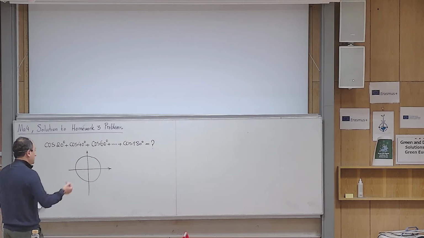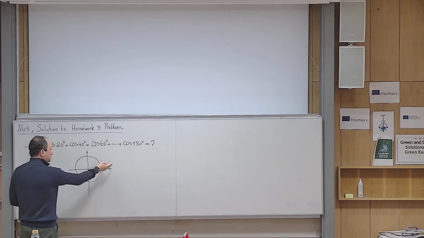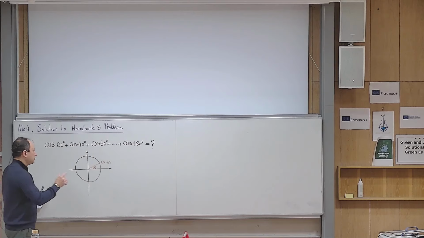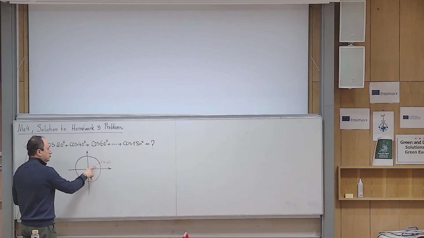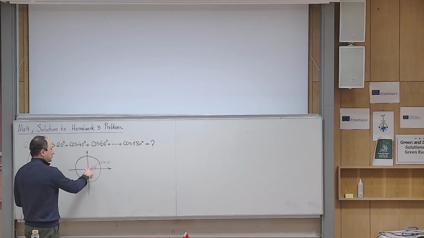So let us say that I have an angle theta here, and the xy coordinates of this point I show with x and y. You know that x is cosine of theta and y is sine of theta. Now I want to find the supplement to this angle.